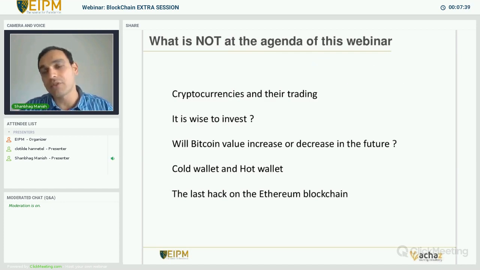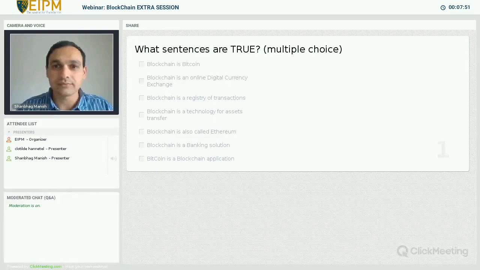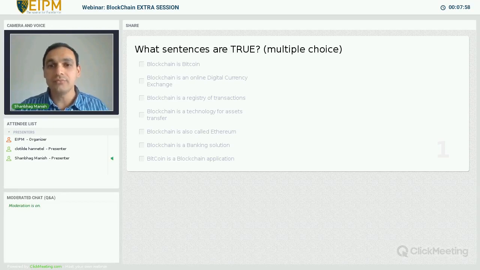Okay, you have around 30 to 45 seconds to do this. So here you go. It's going to come in a minute. Right, here you go. So what sentences are true? You have multiple choice. All right, good. I can see some answers coming in already.